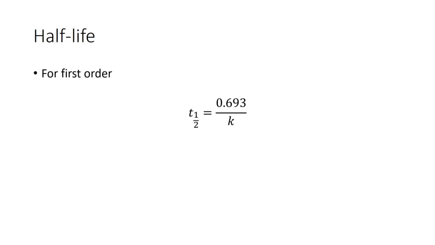Either way, because the half-life of a first order reaction is independent of the initial concentration, concentration does not appear in the definition of the half-life for a first order reaction. However, for second order, because the half-life does depend on the initial concentration of your substance, it appears in the definition of half-life, where half-life for second order is 1 over k[A].